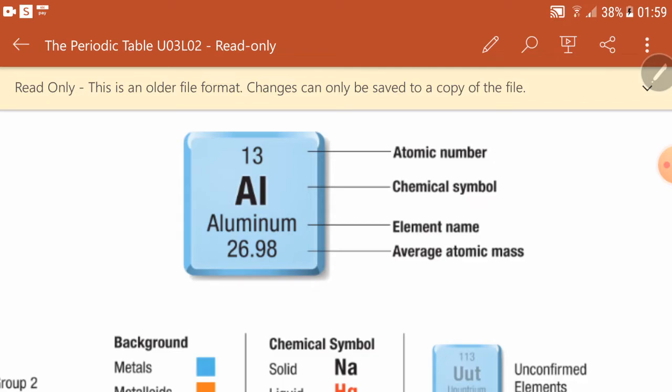What is it? I explained it already. It is not exactly the same as the mass number.